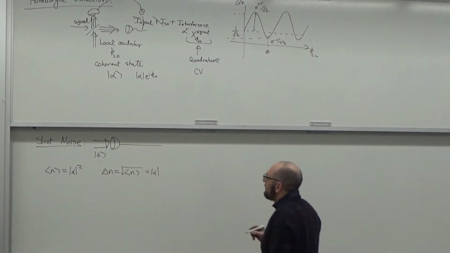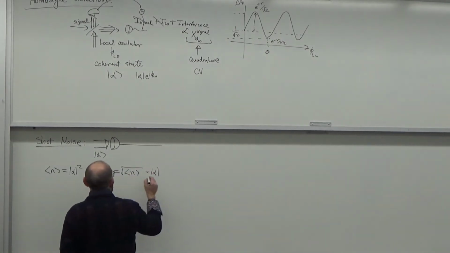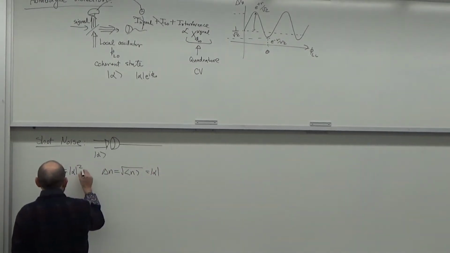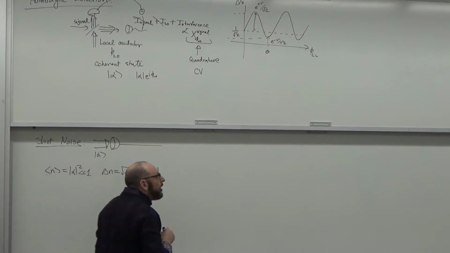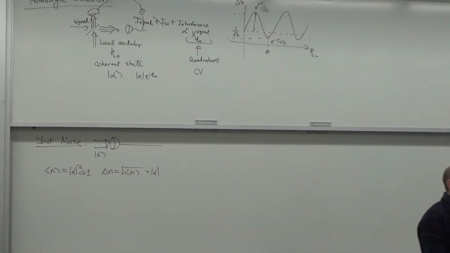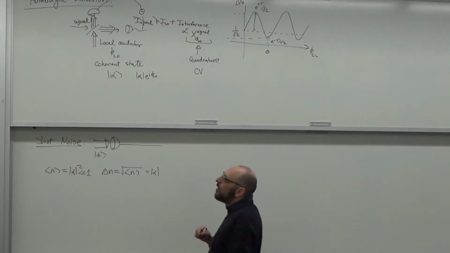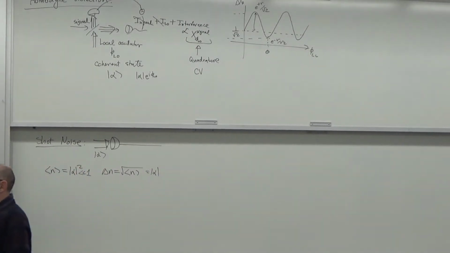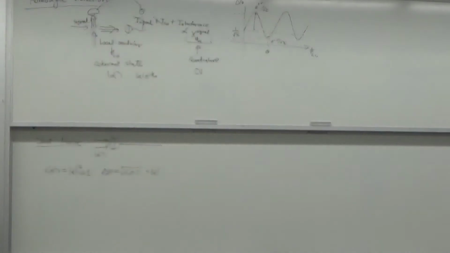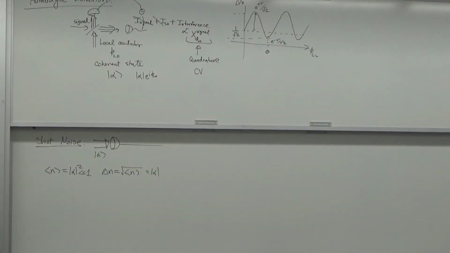Now, let's imagine that this intensity is very small. The mean number of photons is very small. And that mean number of photons, of course, is with respect to some temporal mode, because how else are we going to define the number of photons? We mean within some time interval.